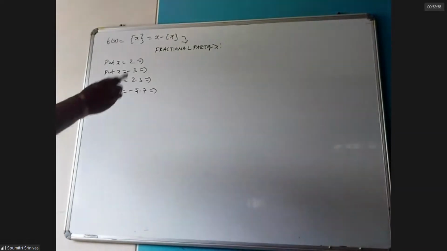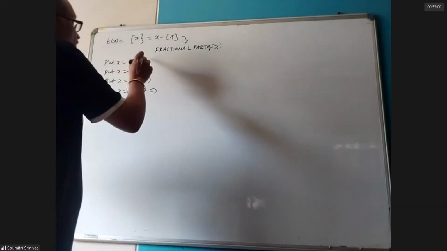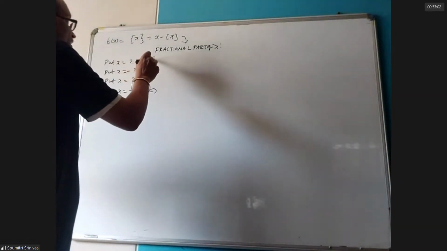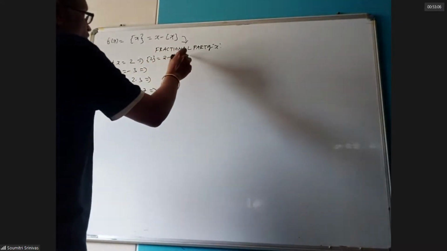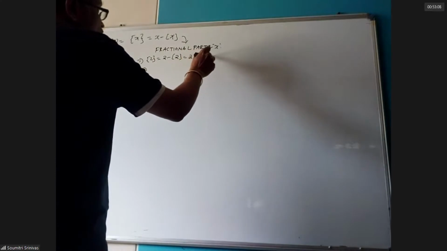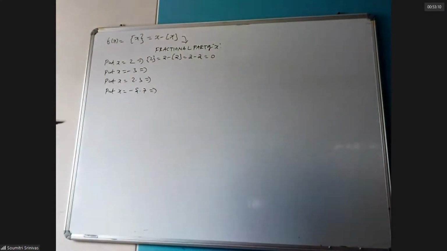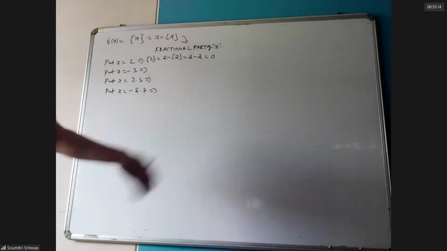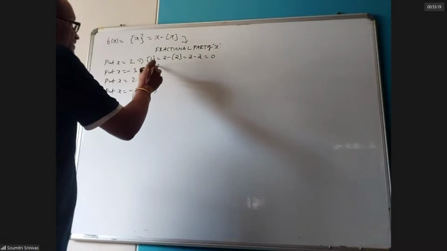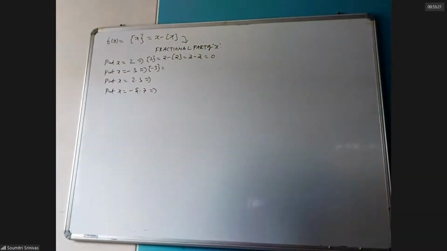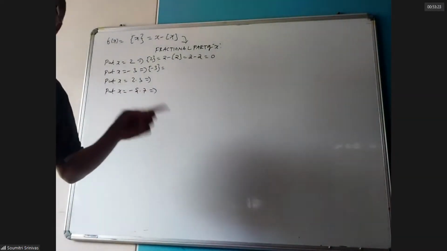Answer the first one. Fractional part of 2 is 2 minus step 2, 2 minus 2, 0. Correct? Yes, sir. Fractional part of minus 3. Earlier we used to read step of 1, step of 2, step of 3.